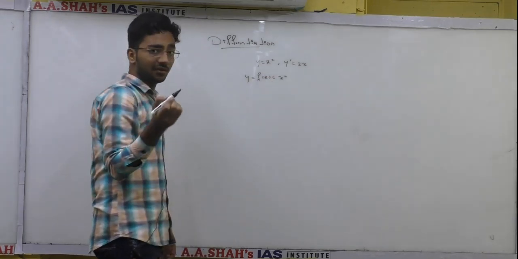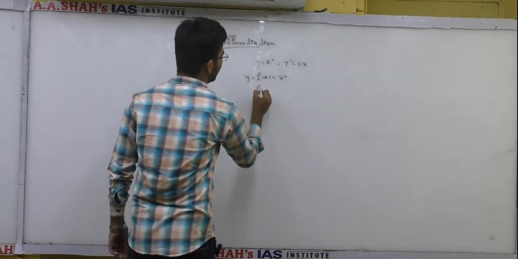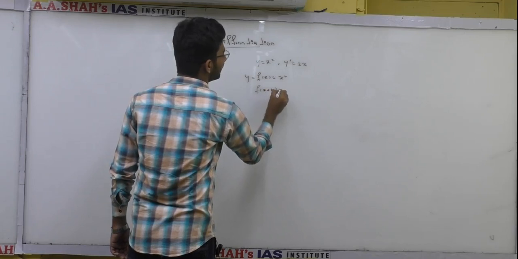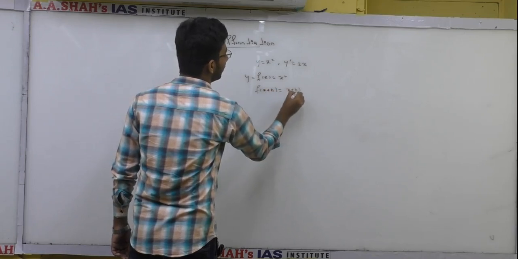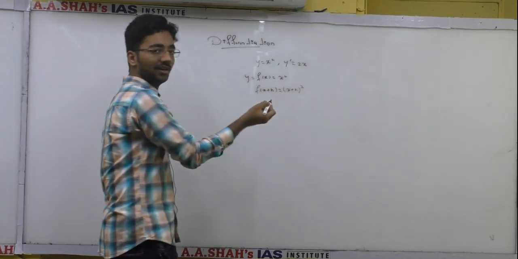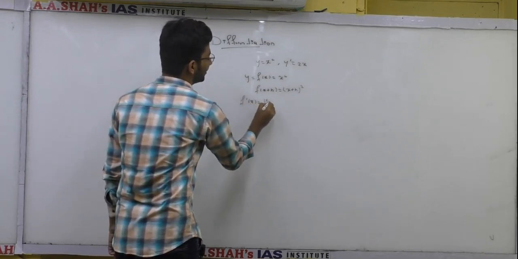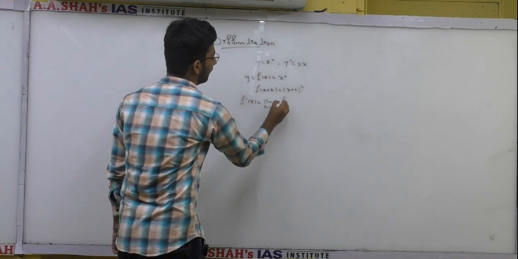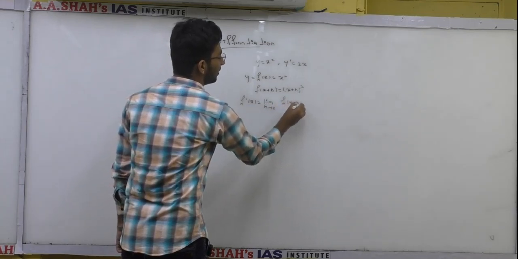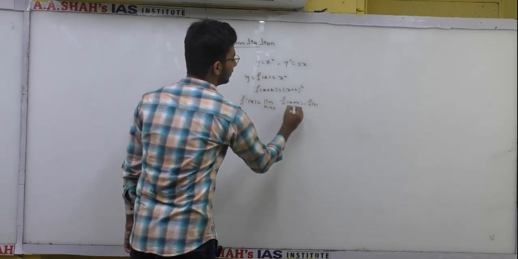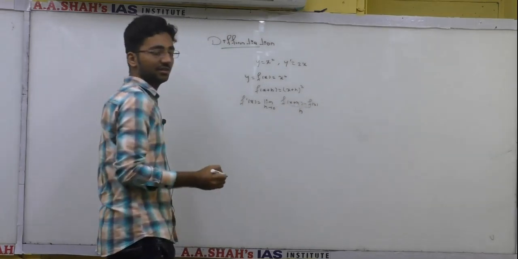For first principle I want f(x plus h), so f(x plus h) will be x plus h the whole square. Now what is my formula again? f dash of x will be equal to limit h tending to 0 of f(x plus h) minus f(x) upon h.